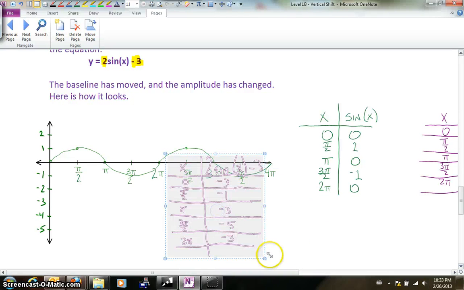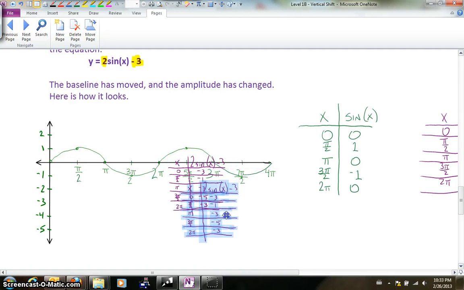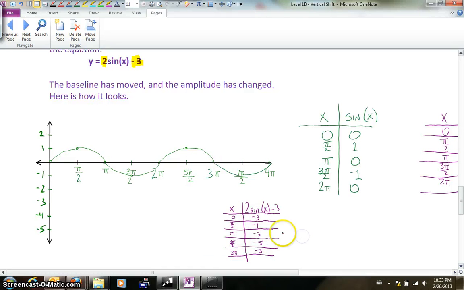Let's try to make it a little smaller too. And so at 0 we're at negative 3, pi over 2 we're at negative 1, pi we're at negative 3 again, 3 pi over 2 we're at negative 5, and at 2 pi we're at negative 3.